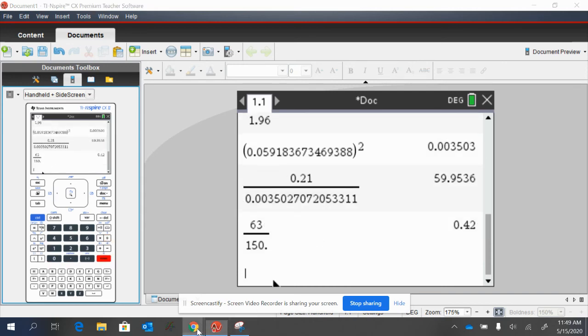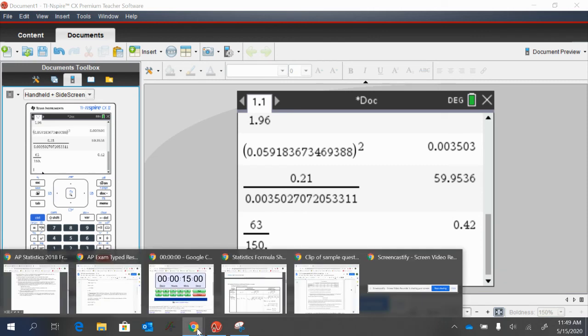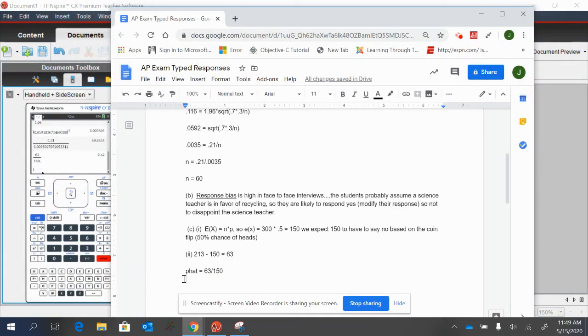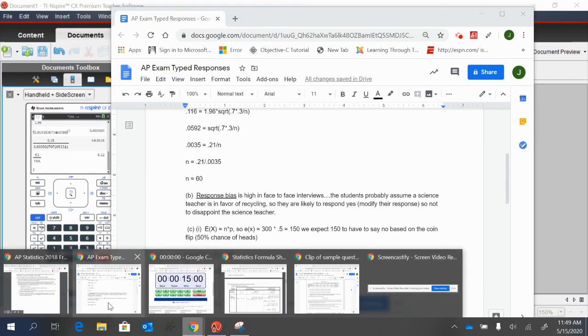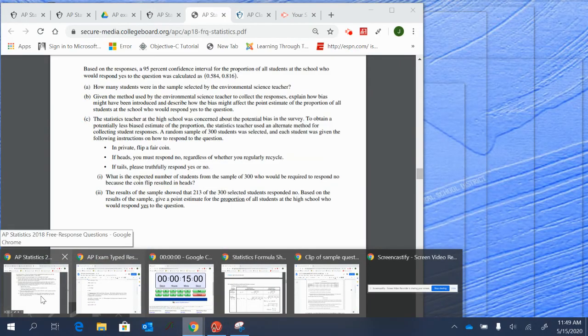Equals 0.42. Anything else on this one? Based on the results of the sample, give a point estimate for the proportion of all students in the high school who respond yes.